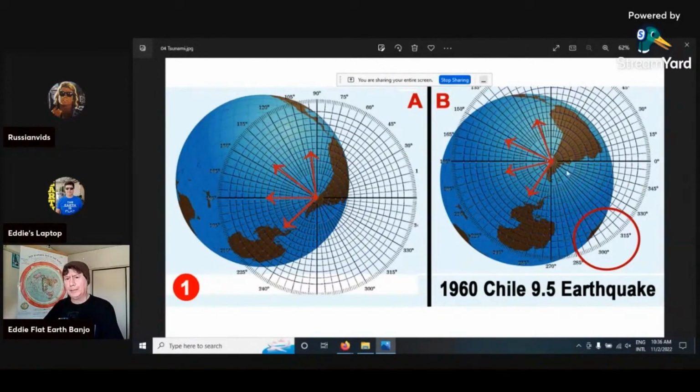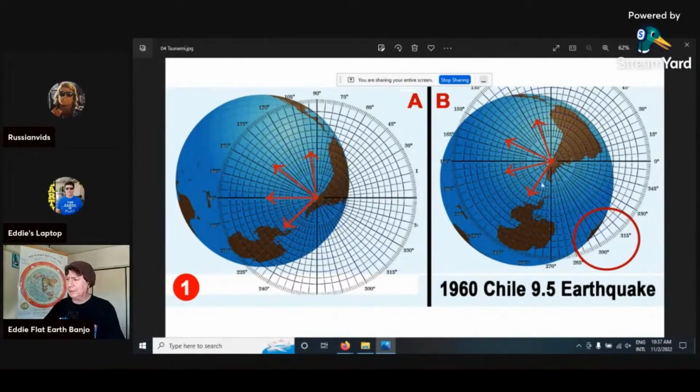So this is how bad this earthquake was back in 1960, 9.5 on the Richter scale. Now, as we had just seen before, when we have a tsunami, the energy is directed to all regions. So you see here the point of the earthquake and the energy going in all directions.